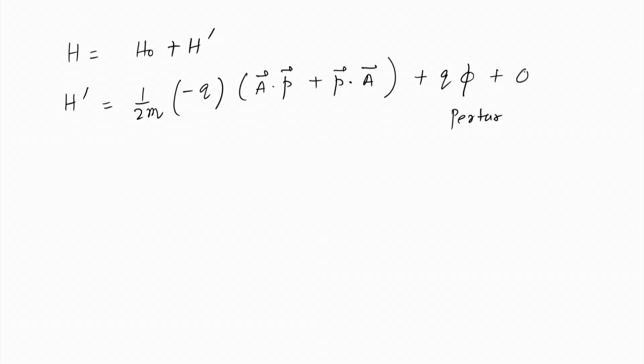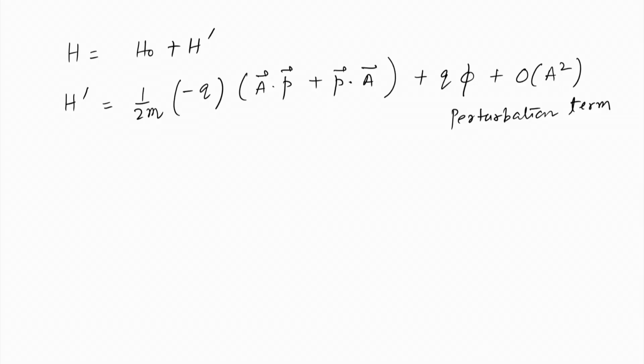And of course, there is a term which is proportional to A square, which we neglect, for the reason that let us consider that we are in the regime that we can apply perturbation theory and the electromagnetic field is not too strong, so that the A square term can be neglected. So, this is the perturbation term, and of course, we can choose a gauge here.